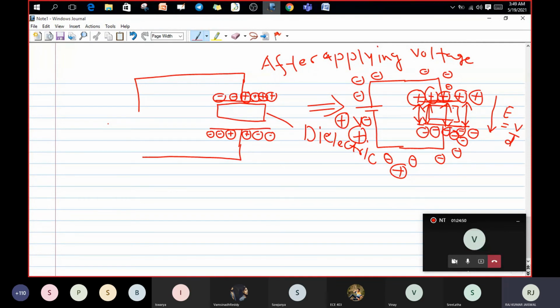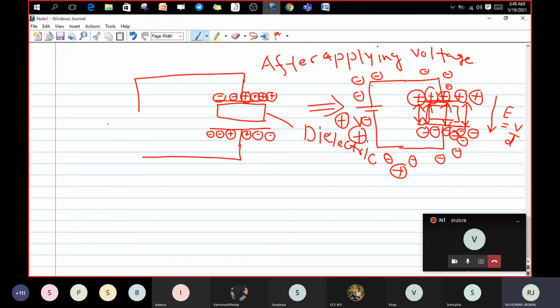Because of the dielectric, the positive can't move to this side and the negative can't go to that side. Okay guys, this is the concept behind how the charge is stored in the form of an electric field. They are binding, making a force so that this one won't move here and that one won't move there. They are just bound together.